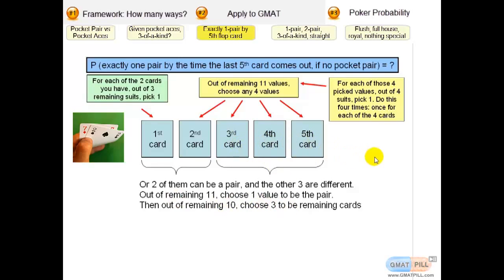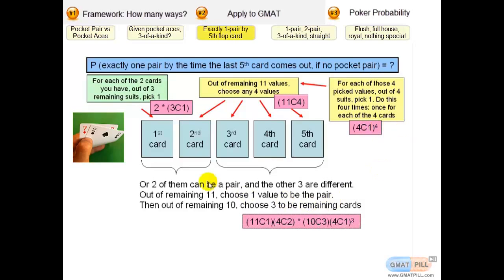So in terms of calculations, this becomes 2 times 3 choose 1. This is 11 choose 4. This is 4 choose 1 to the 4th power. And then this is, again, 11 choose 1 and do it for 2 suits. Then out of the remaining 10, choose 3 cards.